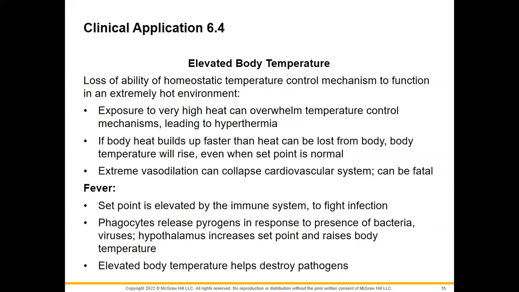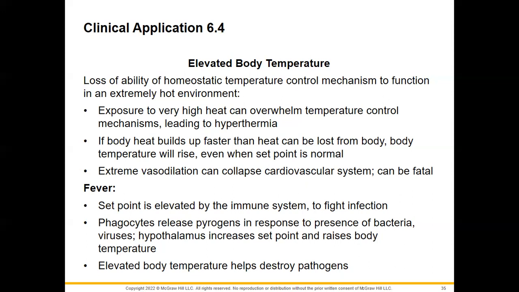Even if the set point is still where it's supposed to be, the body temperature will rise because you literally cannot get rid of the heat. Then you'll have extreme vasodilation. Remember, dilation is opening, so vessel widening can collapse the cardiovascular system, and this can be fatal.